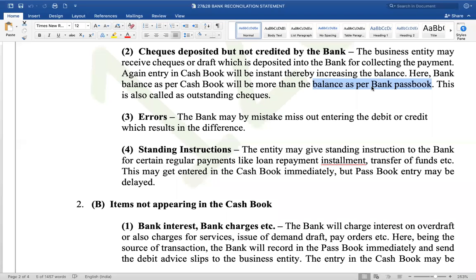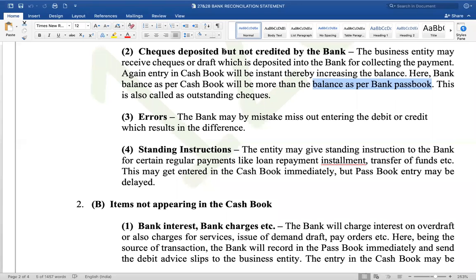There is no balance in the SBI account and the check is returned unpaid. The balance as per passbook in that case also will be 10,000, whereas the balance as per cash book is 20,000. So this is one more reason: checks deposited but not collected.